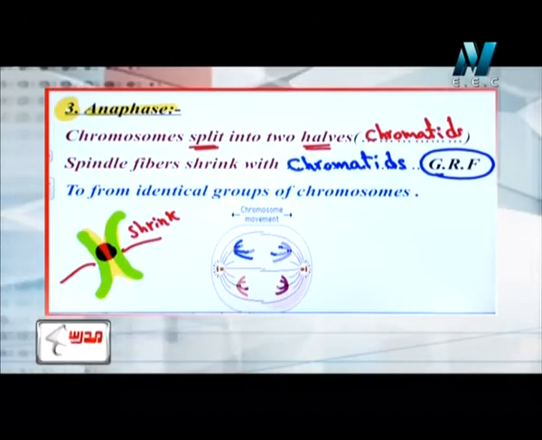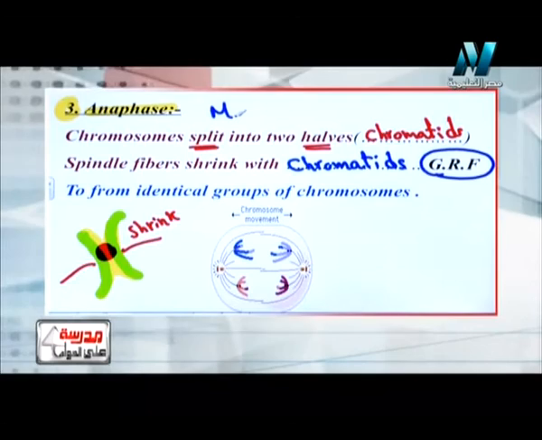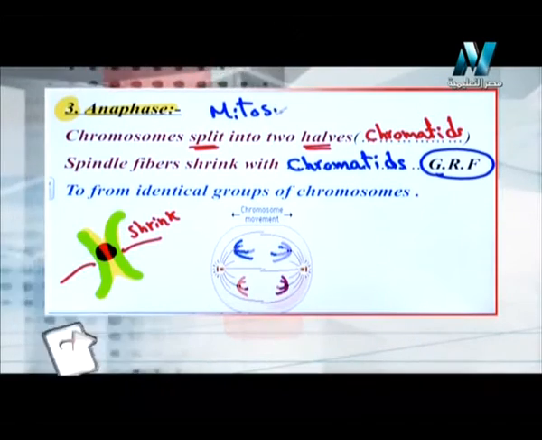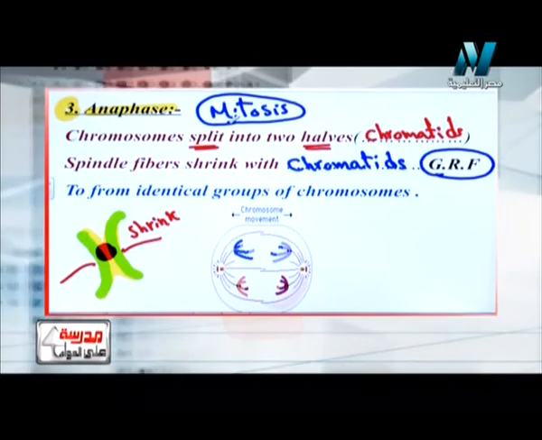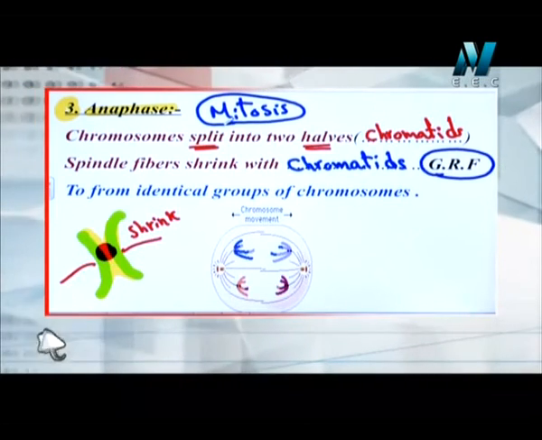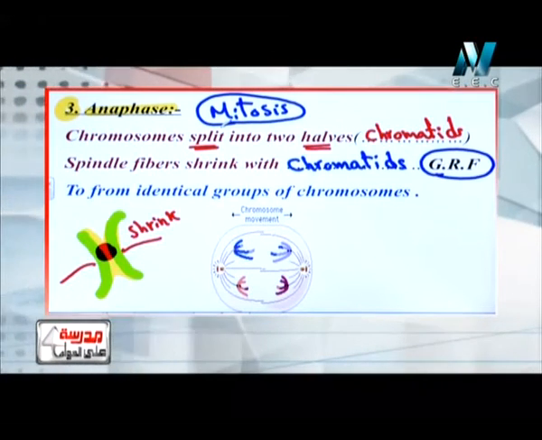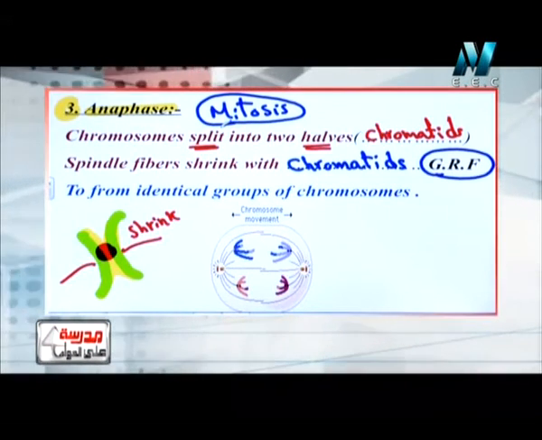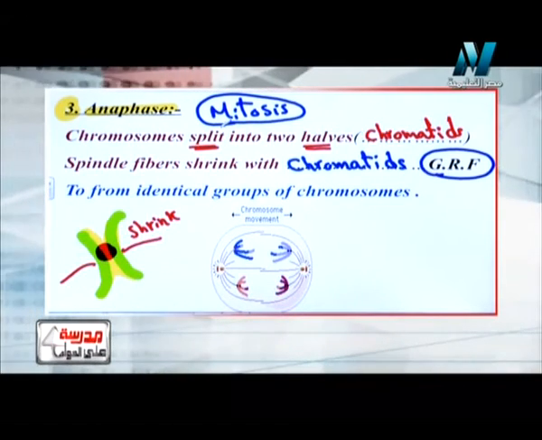Are we talking about mitosis or meiosis? We talk about mitosis division, and its concept is to form two cells with the complete number of chromosomes, identical to the mother cell.